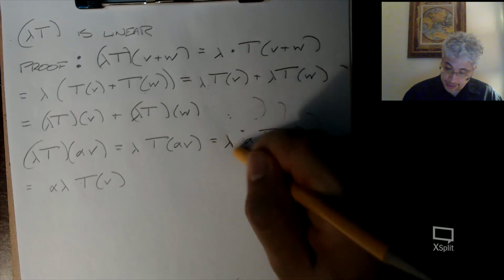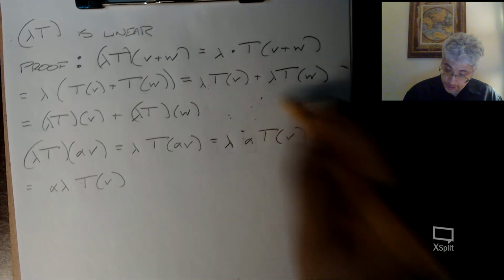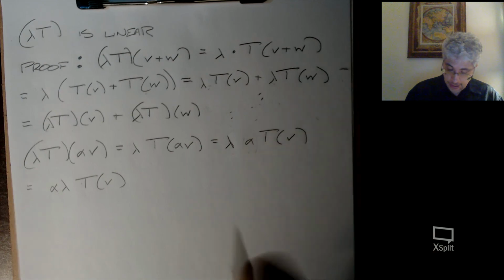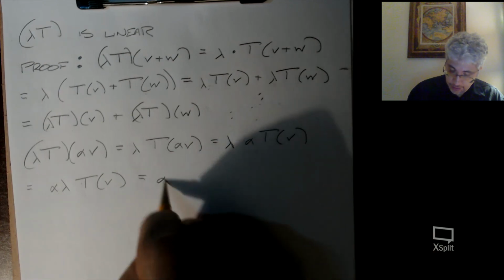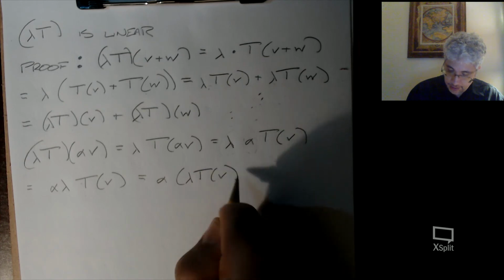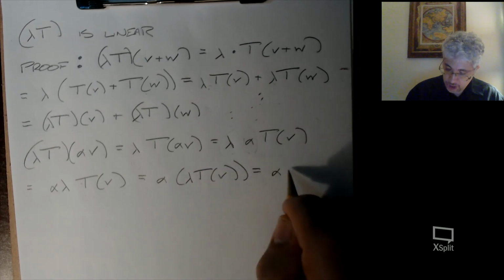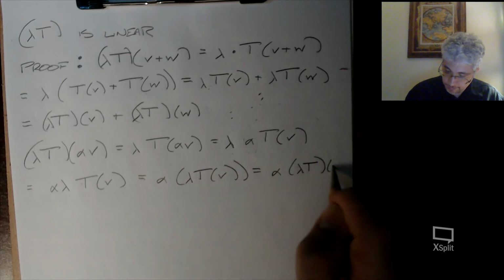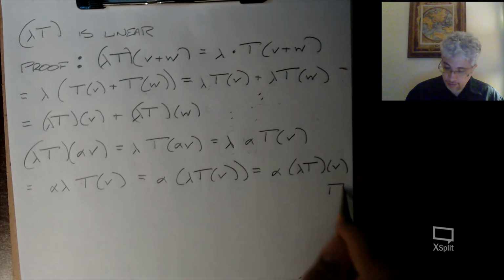I'm not going to write that out, but we are using it. Then we have alpha times lambda T of v, which by definition is alpha times (lambda T) of v. Boom. We are done with the proof.